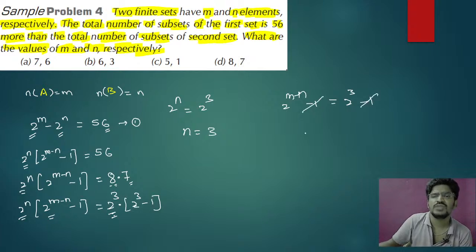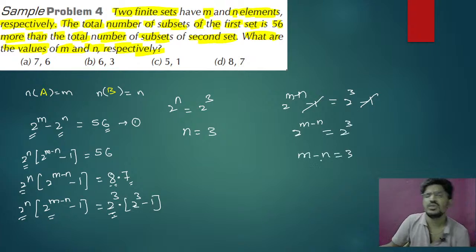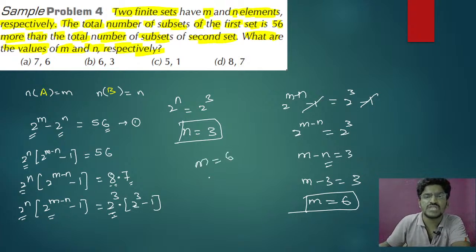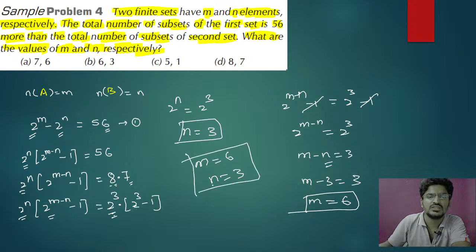Minus 1 will get cancelled. 2 to the power of m minus n will be equal to 2 to the power of 3. So m minus n will be equal to 3. Here you have n is equal to 3, so m minus 3 equal to 3. From this m is going to be equal to 6. So m is equal to 6, n is equal to 3. This is your answer. So with this you can see that our answer is 6, 3.